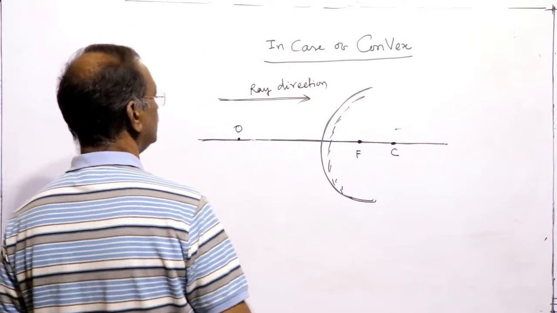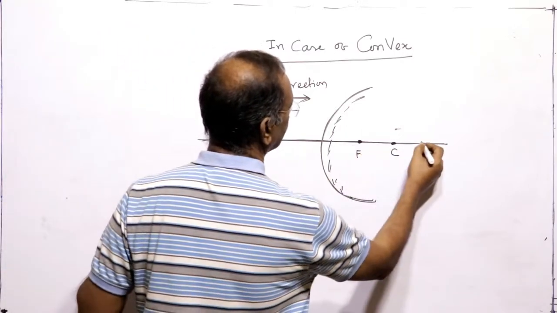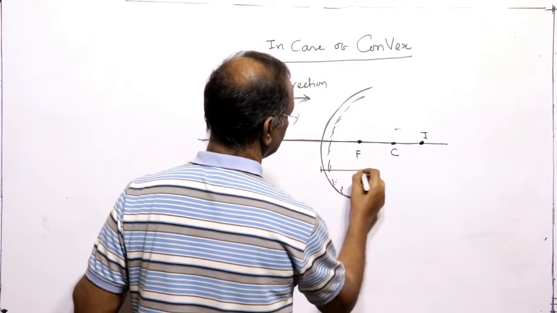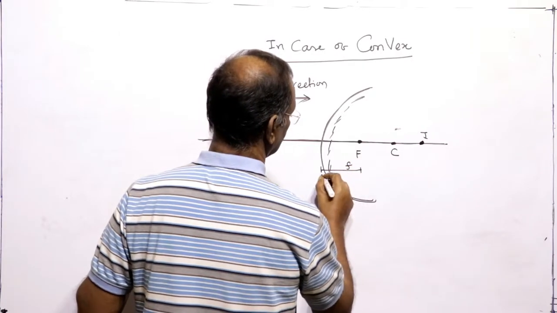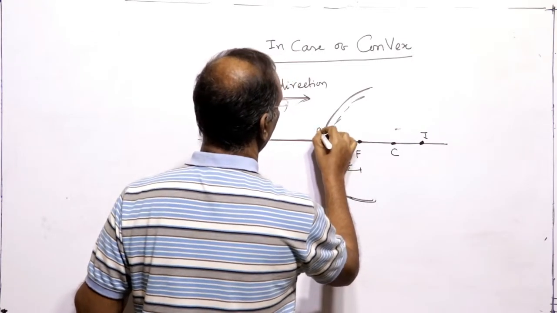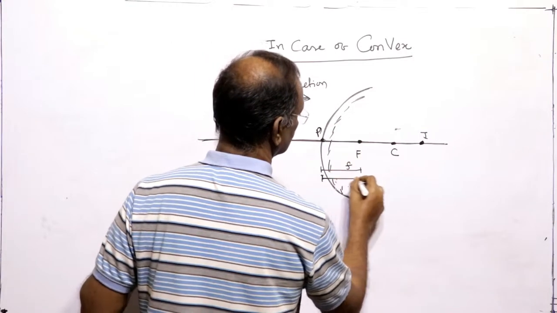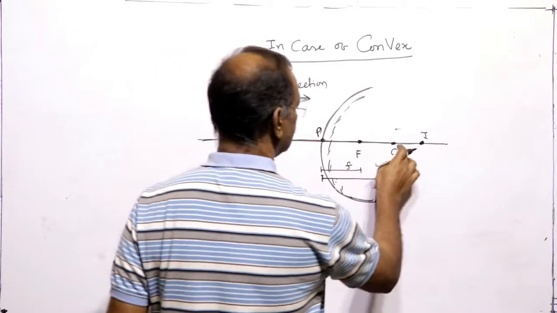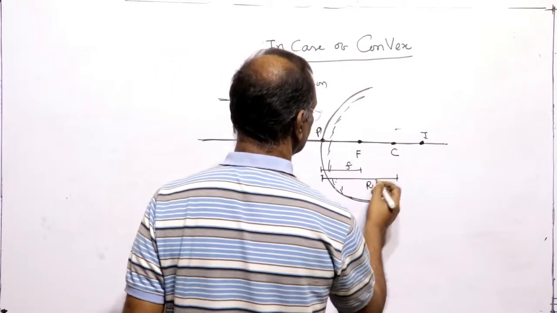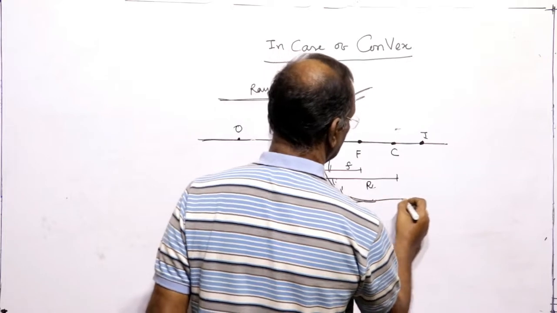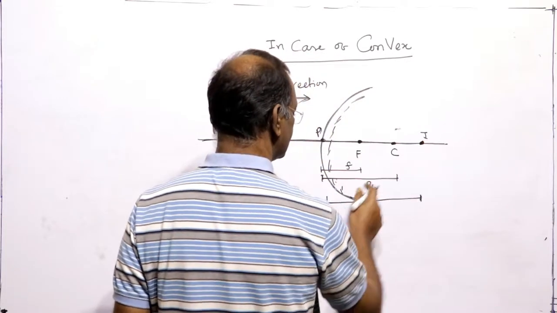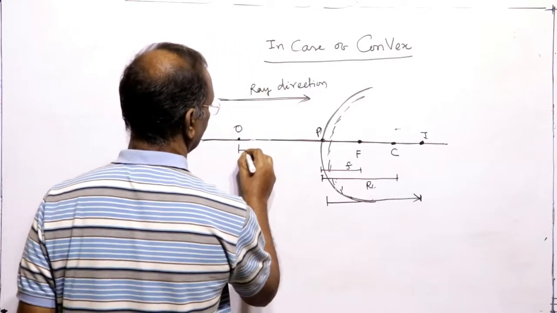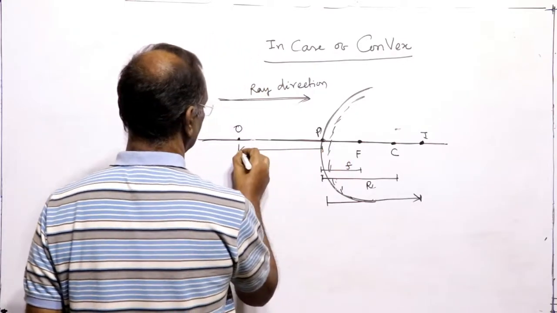If the image is formed here, this is the focal length, this is the pole, this is the center of curvature, the radius of curvature. This is the image distance from the pole, and this is the object distance from the pole.